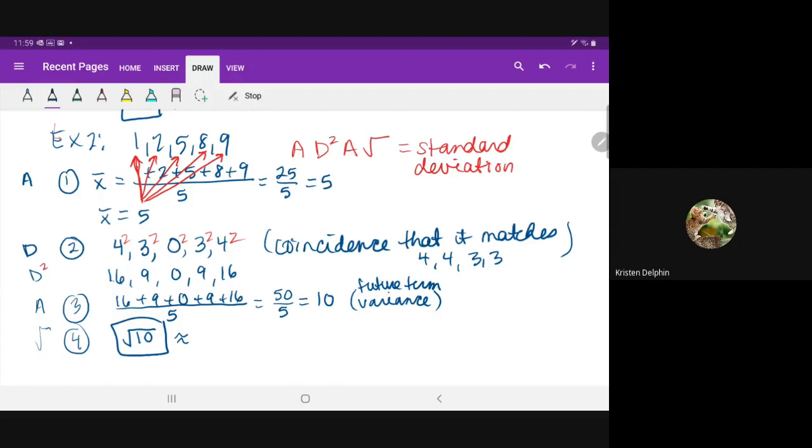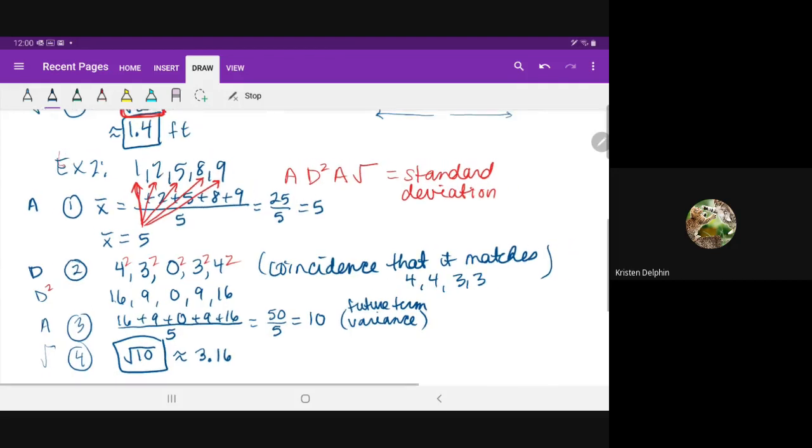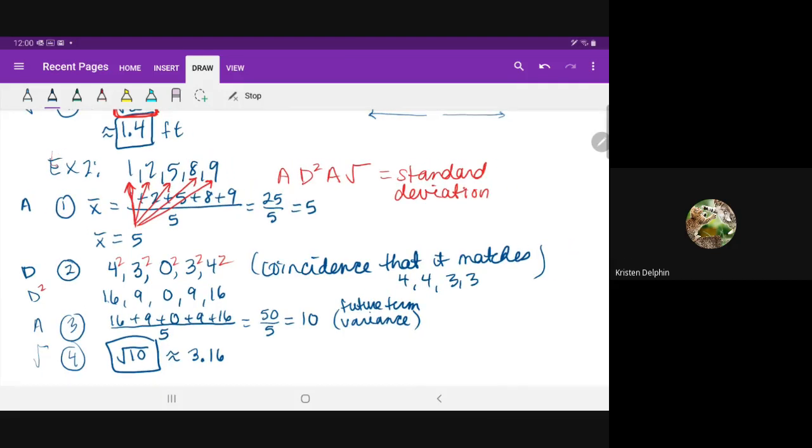Just so we can see how that compares with 1, we know compared to square root of 2, it's definitely bigger. But I'm going to type it into my calculator. Square root of 10 is 3.16. So you can see that 3.16 is more spread out than the 1.4. So the number says that it's more spread out.